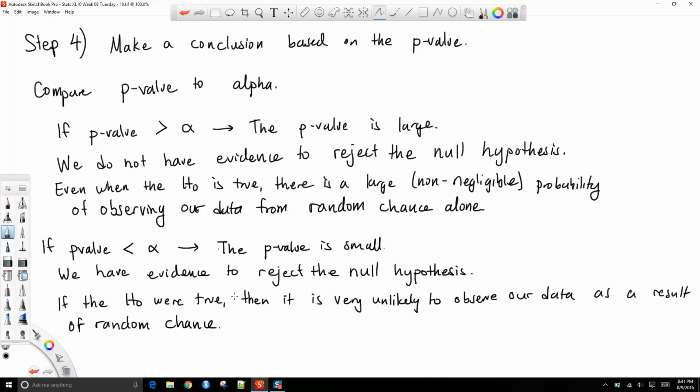So the fact that we did observe our data causes us to believe that the null hypothesis is wrong.